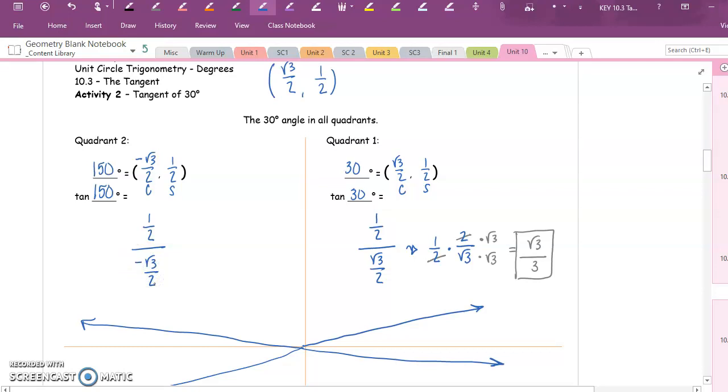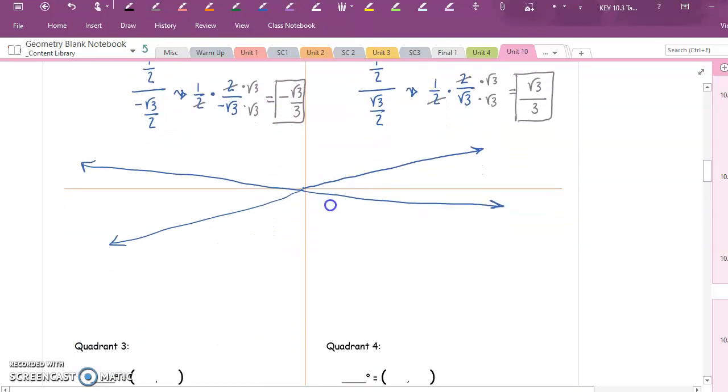In order to divide fractions, you're going to keep the top, flip the bottom, and it changes to multiplication. You can go ahead and cancel out the 2's to multiply the top and the bottom by root 3, not negative root 3, just root 3. The negative sign is going to carry on to the very end. So tangent of 150 degrees is negative root 3 over 3.